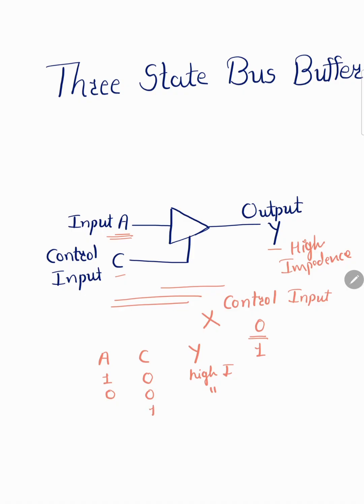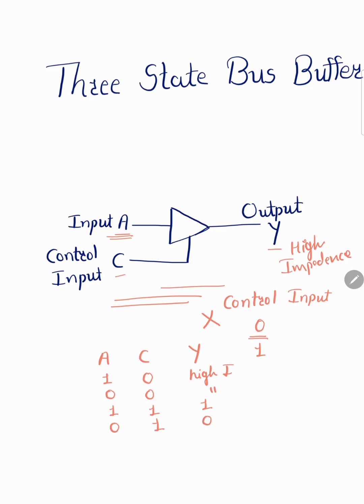But if my control signal is 1 and A is 1, it is passed directly as Y. The output will be the same.